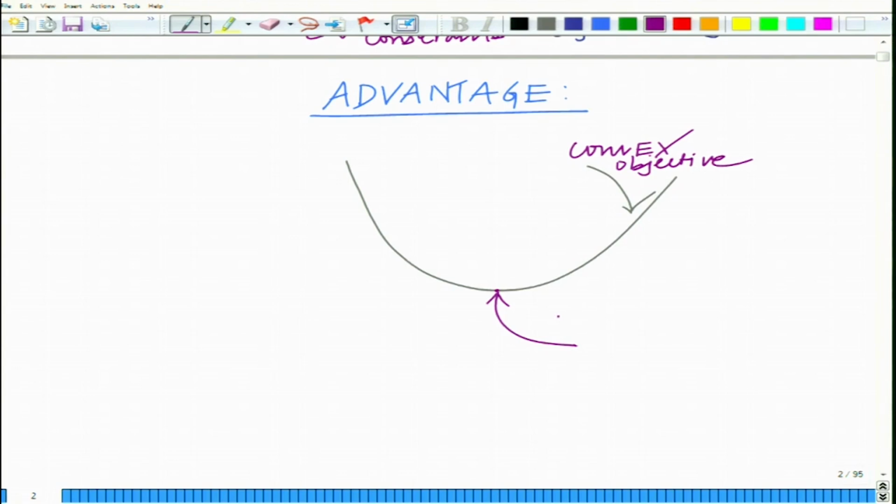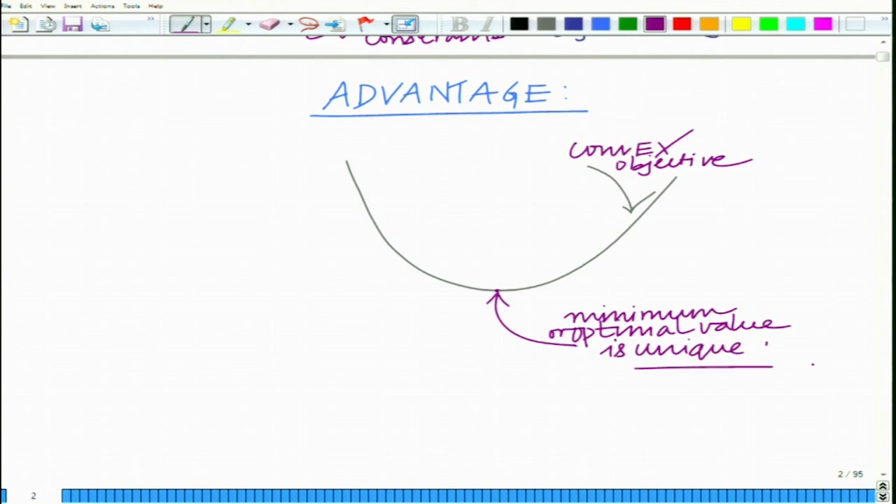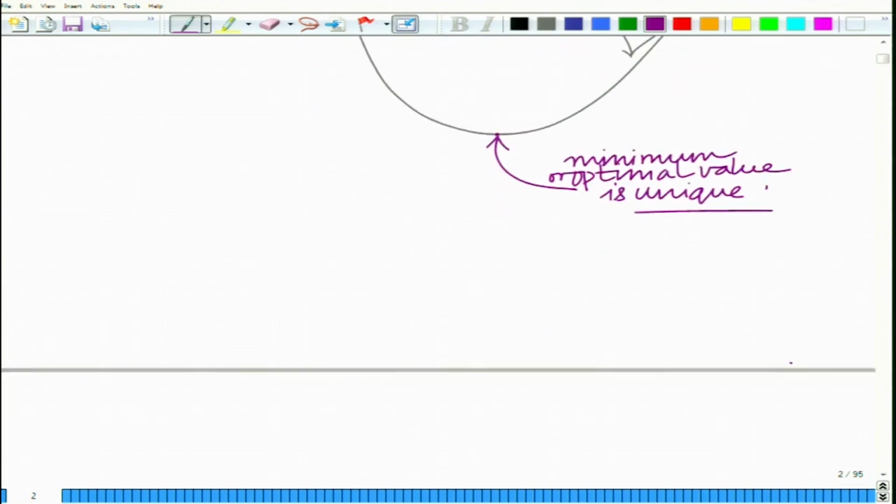The minimizer need not be unique, but the minimum or optimal value is unique.